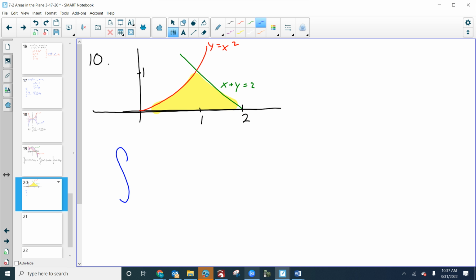All right, if I do top minus bottom, I've got x bounds, I've got x variables, and I've got a top minus a bottom. Ready? Draw in the rectangle. Top, bottom, top, bottom.